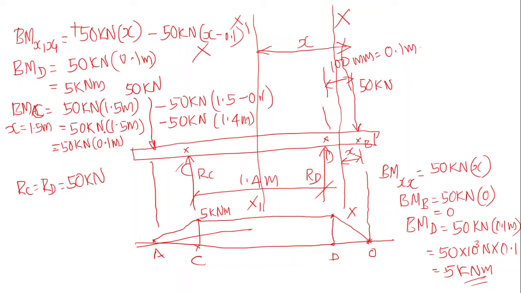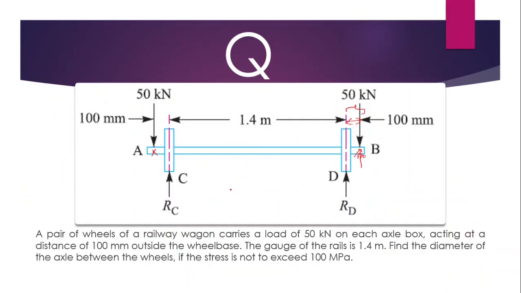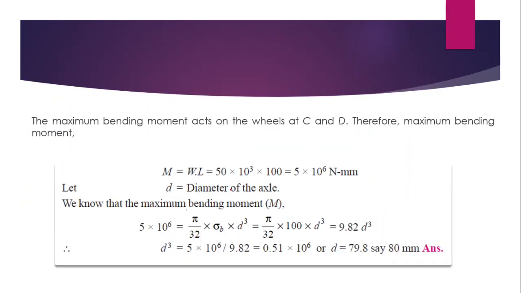That's equal to 50 kilonewton into 1.5 meter minus 50 kilonewton into 1.4 meter. Then bending moment at C is equal to 5 kilonewton meter, or 5 into 10 raised to 6 Newton mm.